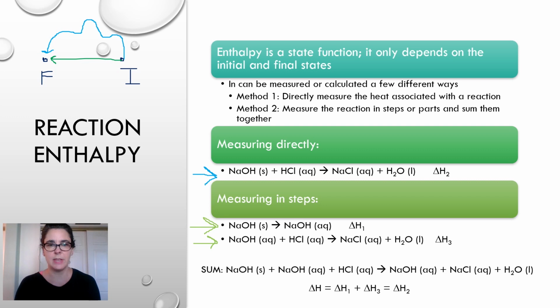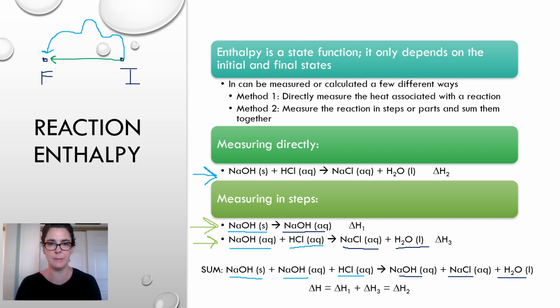If we take reactions 1 and 3 and add them together, we get 1, 2, 3 reactants: NaOH solid, NaOH aqueous, HCl aqueous, and we get 1, 2, 3 products: NaOH aqueous, NaCl aqueous, and H2O liquid.